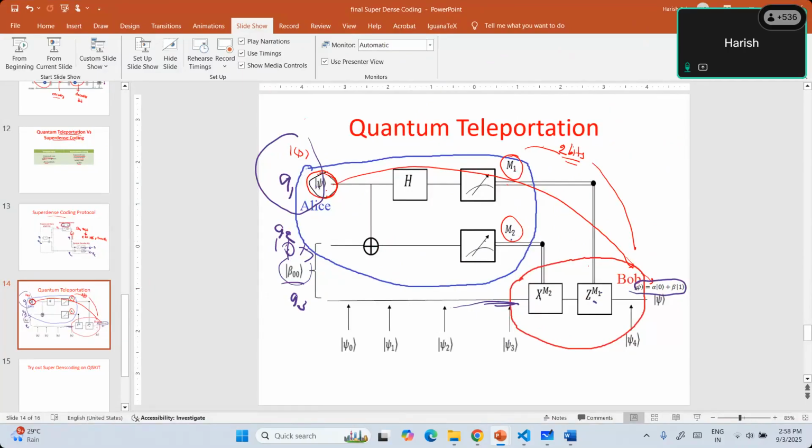So these three are qubits only. On Bob's side, Bob performs the operations X and Z depending upon the values M1 and M2 sent by Alice. He applies these gates and then measures. At this point, the exact state is replicated at Bob's side, and then he measures.